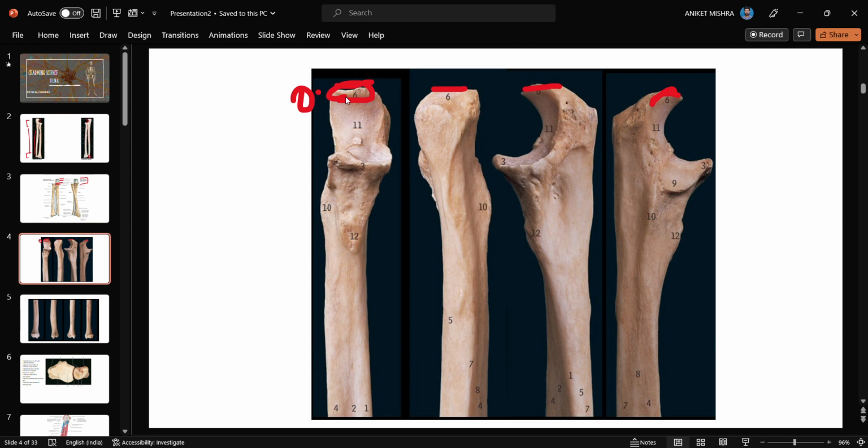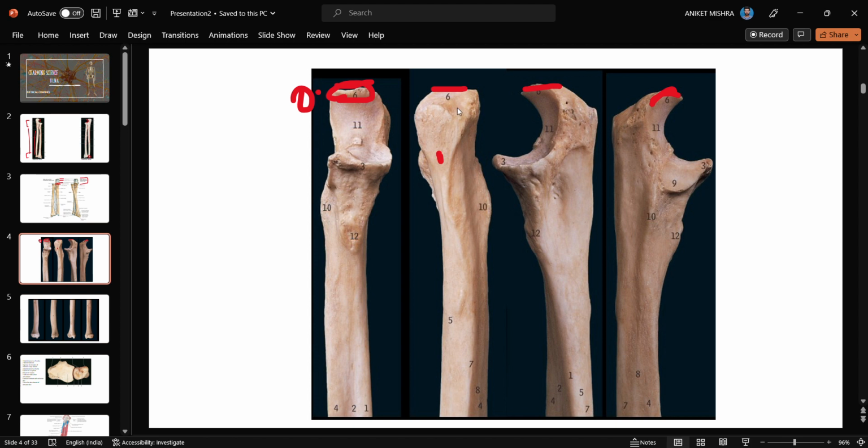The second is the posterior surface. The posterior surface forms a triangular subcutaneous area which is separated from the skin by a bursa, and inferiorly it is continuous with the posterior border.